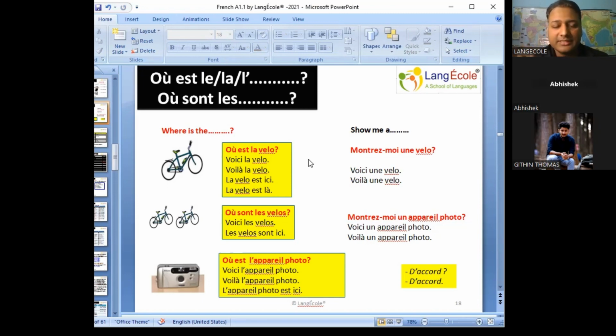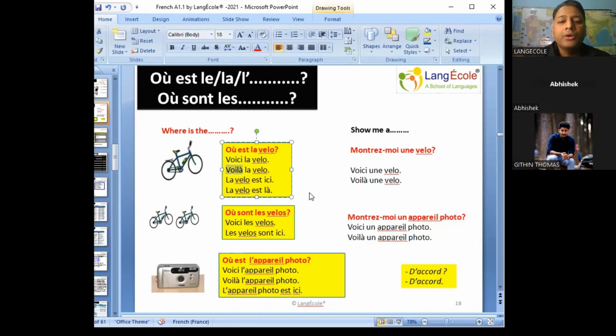In French, it is an expression, and this expression itself means here it is. And the expression voilà is a combination of voi and là. So this is again an expression, and this means there it is.